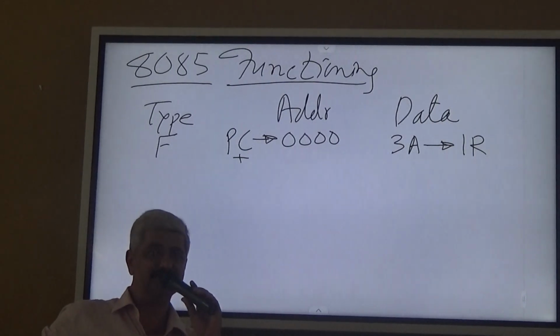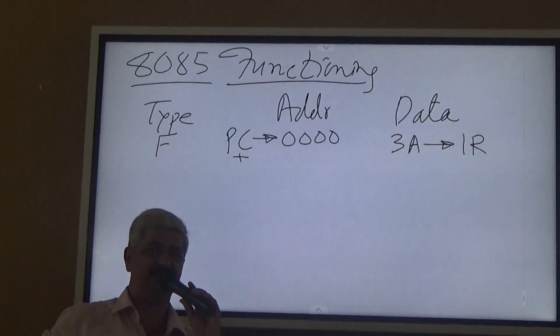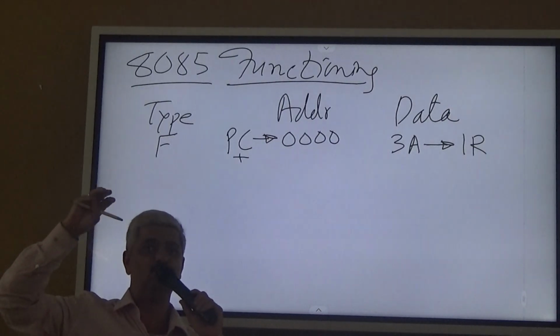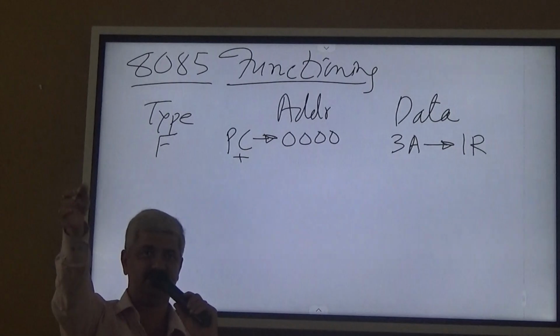So it is called the opcode fetch cycle. Opcode fetch cycle means, as stated very clearly, 3A doesn't mean anything. It depends upon in what context you are looking at it.